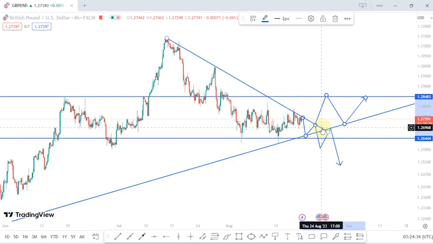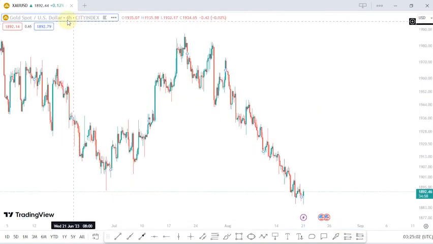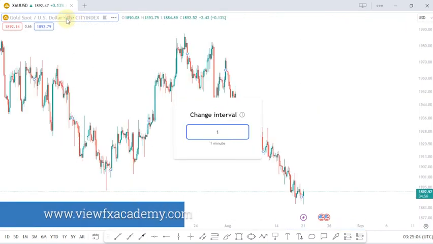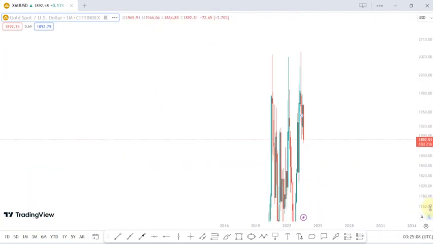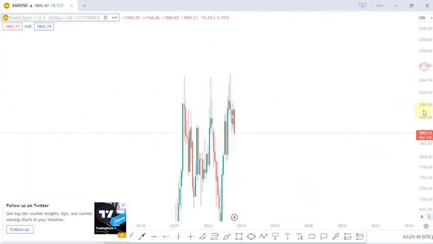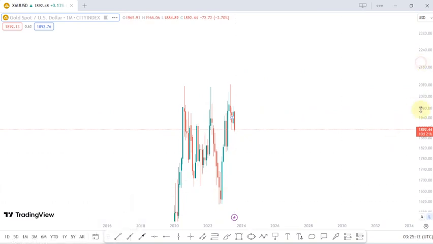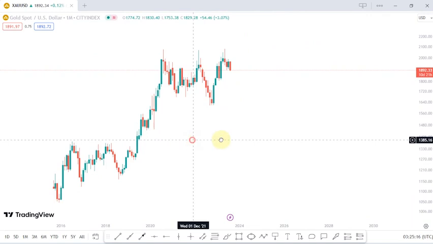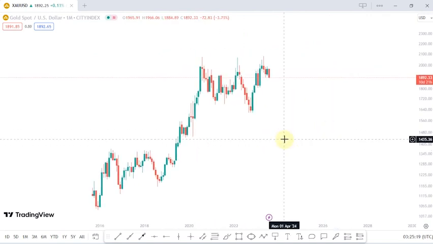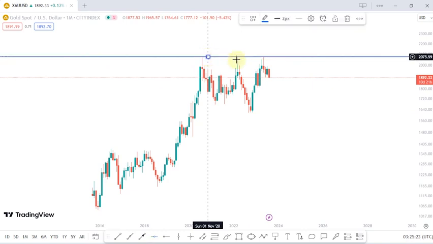So let's head over to gold, all the way to the monthly time frame, because we want to perform our top-down analysis. So what can we see from our top-down analysis? You can see that gold hit a triple top: first top, second top, and third top.